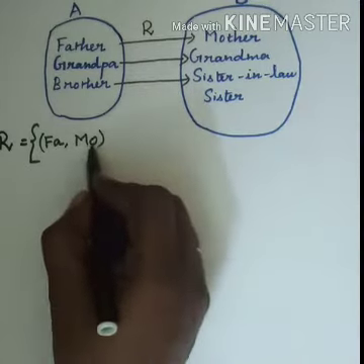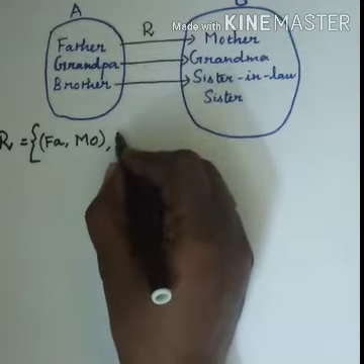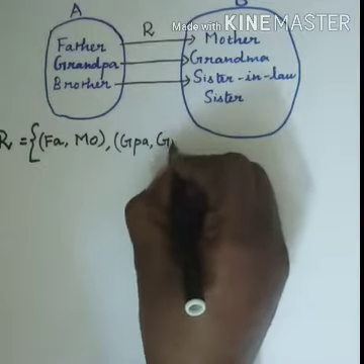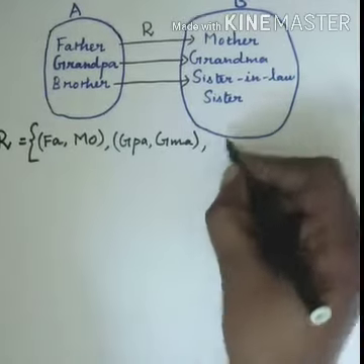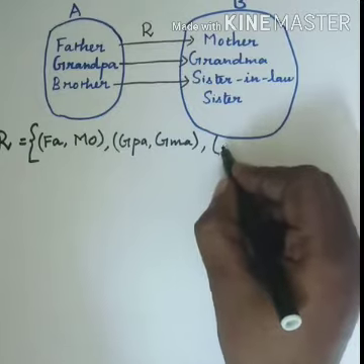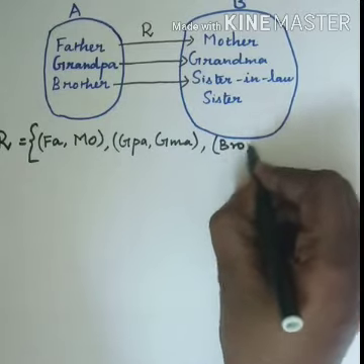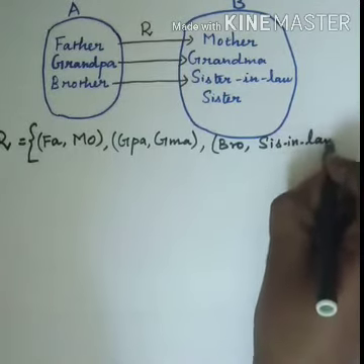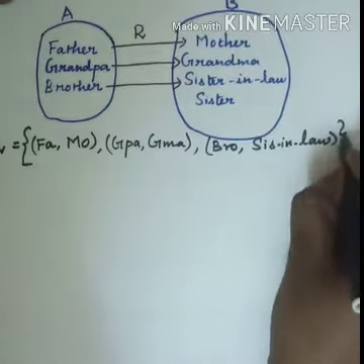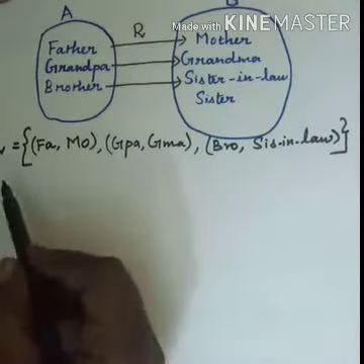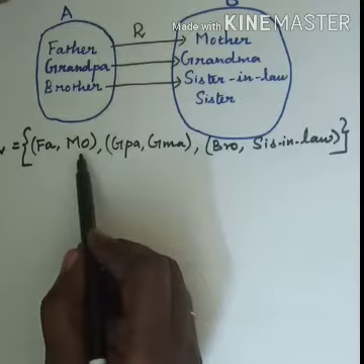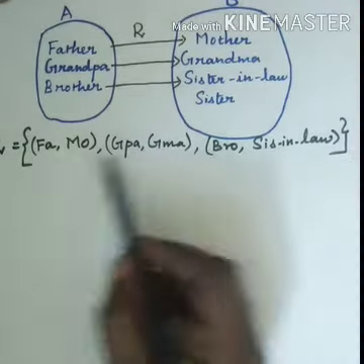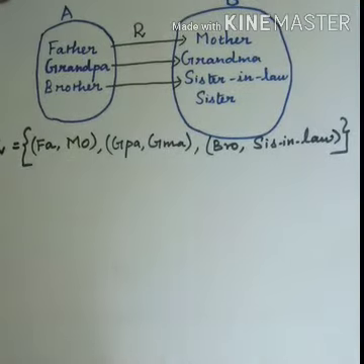So father comma mother is one pair and the second pair is grandpa comma grandma and other pair is brother comma sister-in-law. So relation R is equal to father comma mother, grandpa comma grandma, brother comma sister-in-law. We have three elements in relation R.